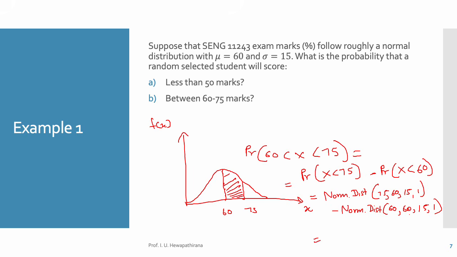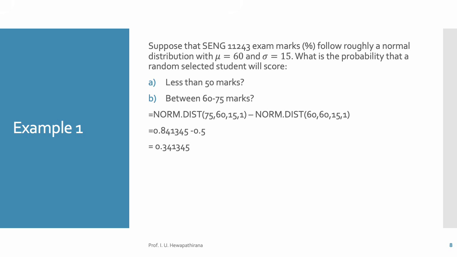So norm.dist 75, 60, 15, 1 is 0.841345. Norm.dist 60, 60, 15, 1 is 0.5. And the probability that a randomly selected student will score between 60 and 75 is 0.3413.